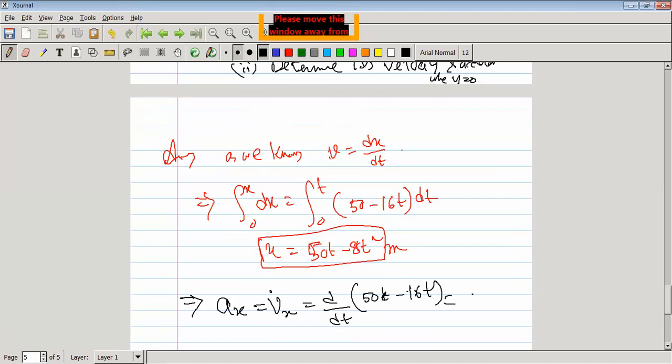It will come as minus 16 meter per second square.